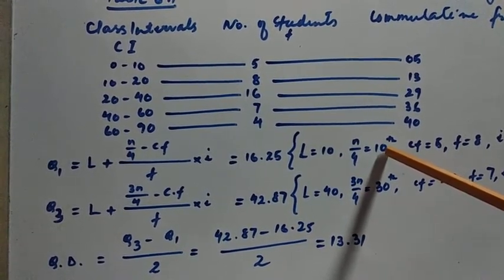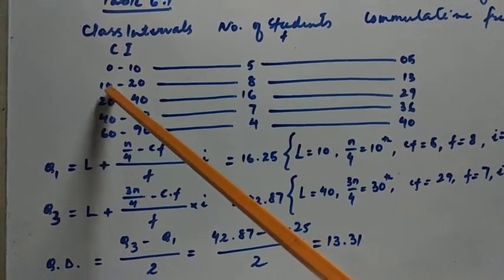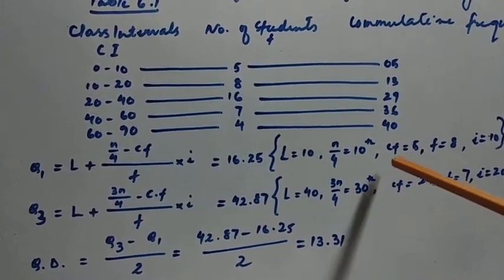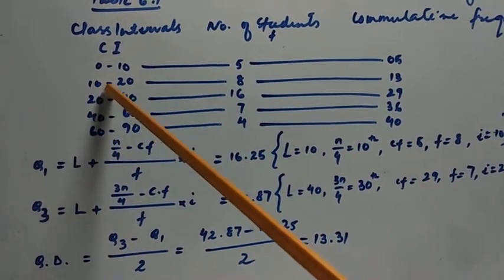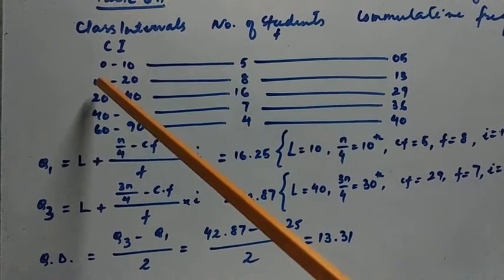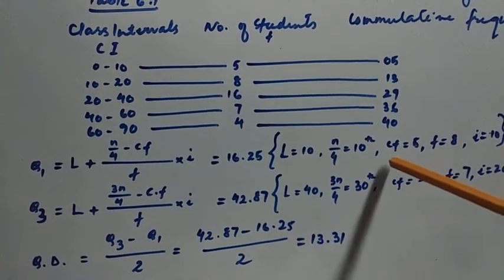Where is the 10th value? The class containing the 10th value is 10 to 20. And in this class interval you can find out the value of L. L is the lower limit of the class interval, that is 10. What is CF?